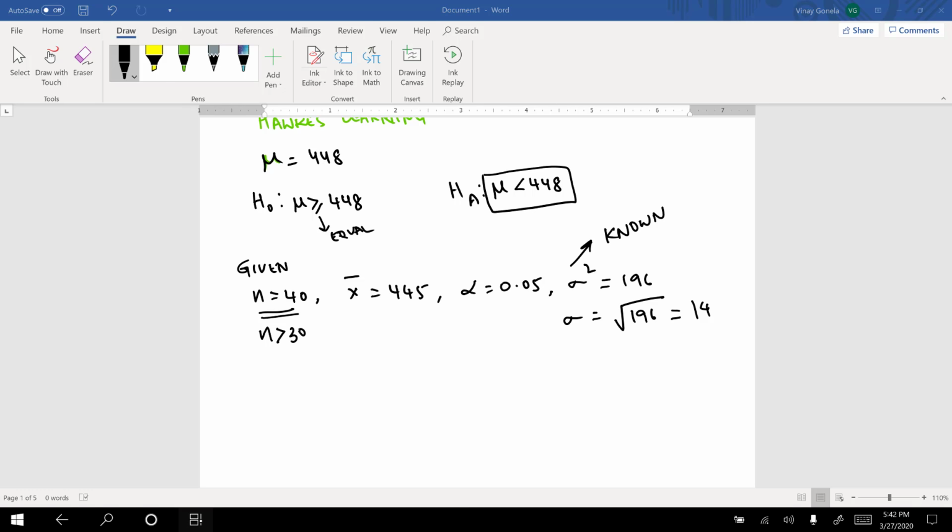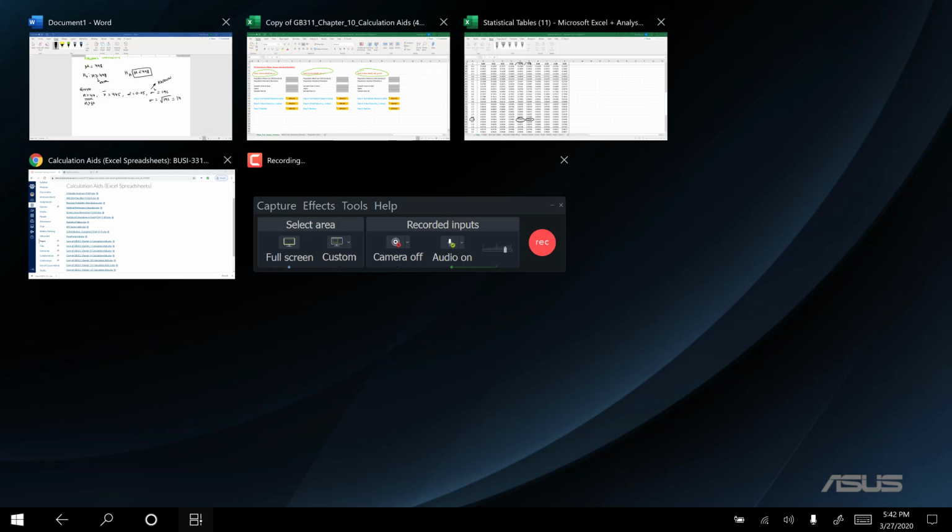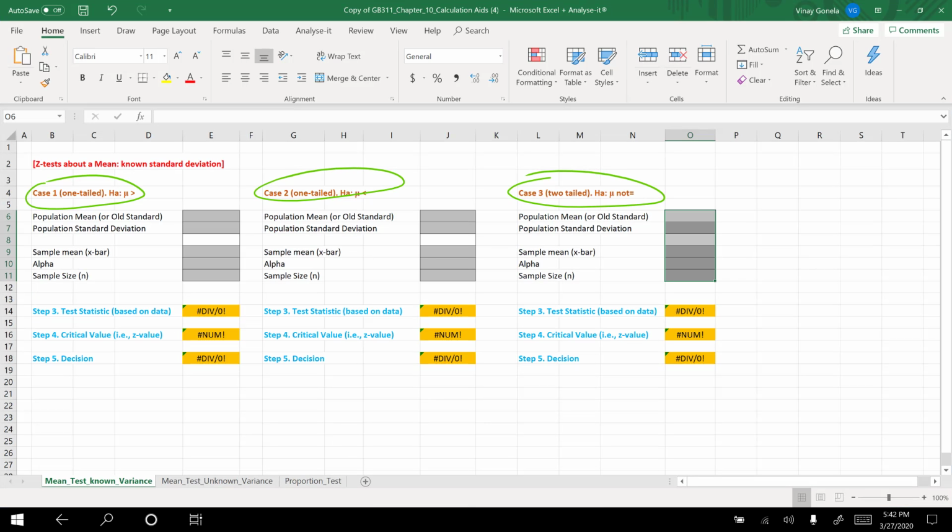So this is less than sign, so I will use this one, case 2. So what is the population mean?